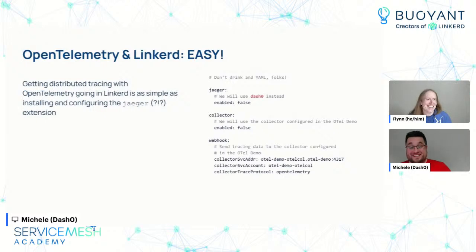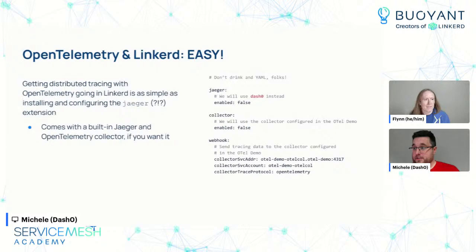So there is a Jaeger extension, which today we are going to use in an entirely Jaeger-less fashion, because we are going to send the data to Dash0 instead. The Jaeger extension can actually do a bunch of things. By default, it will give you a local installation of Jaeger, although it's not the latest and greatest. It's in, I think, the 1.x range. It's really old.